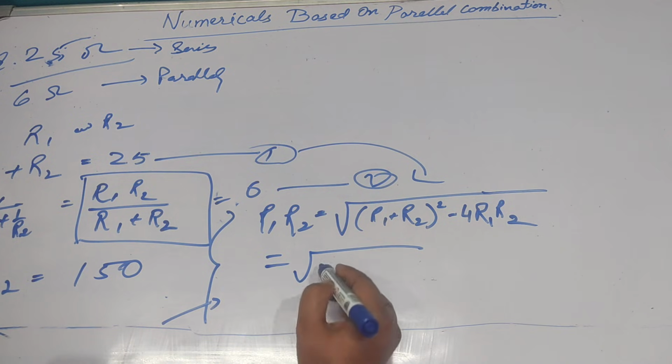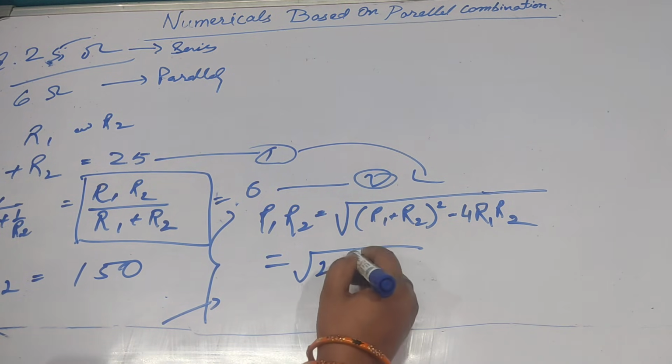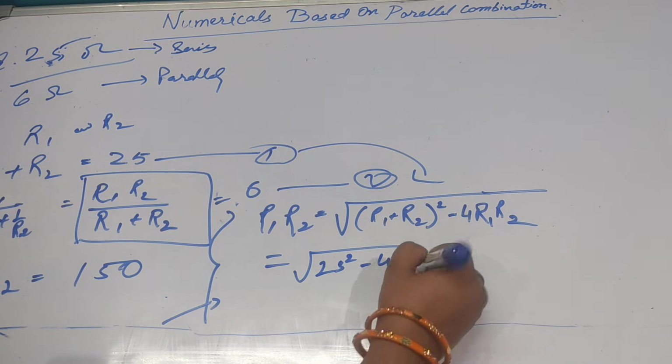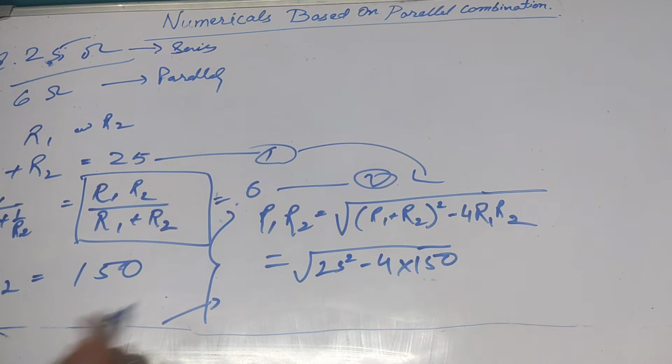R1 plus R2 is in series, so it is 25 square. R1 R2 we got as 150.